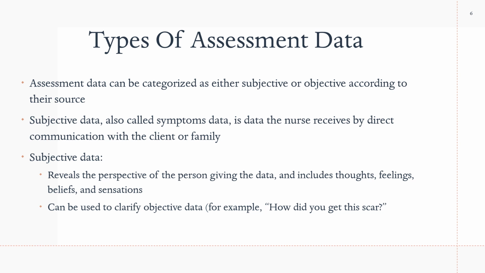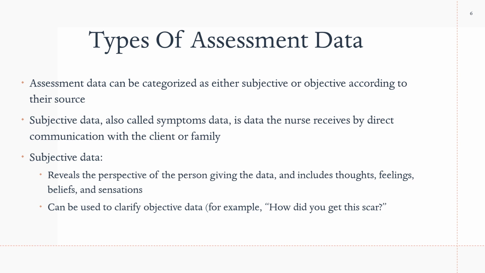So this is the patient's perception, the patient's family perception, and it will include their thoughts, their feelings, their beliefs, and sensations, how they are thinking, what they are feeling, and what they want to say.